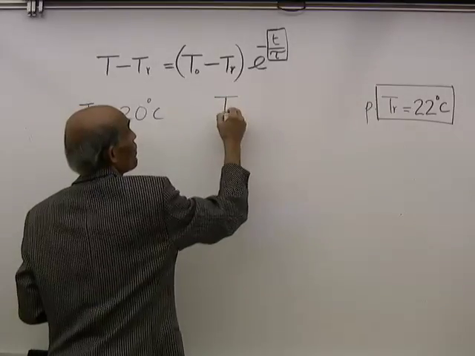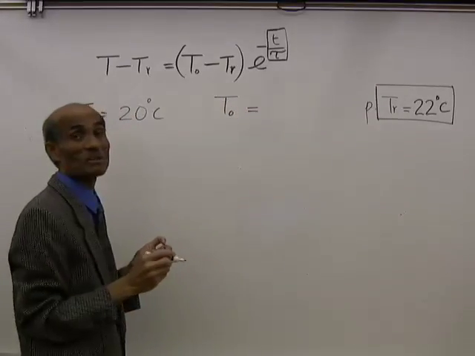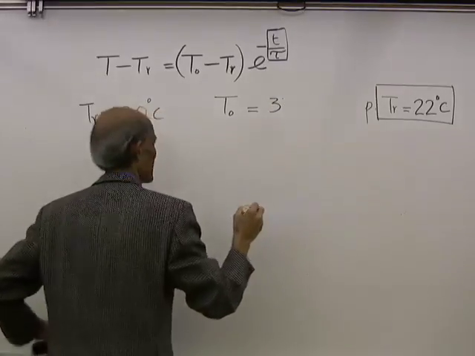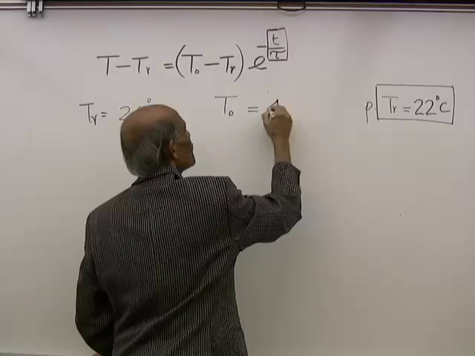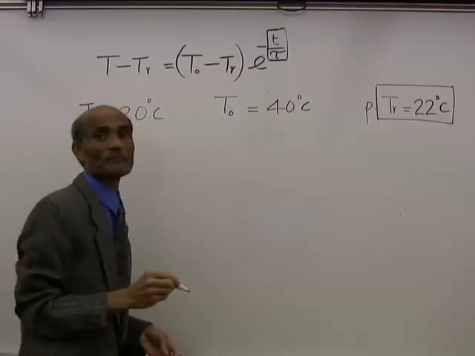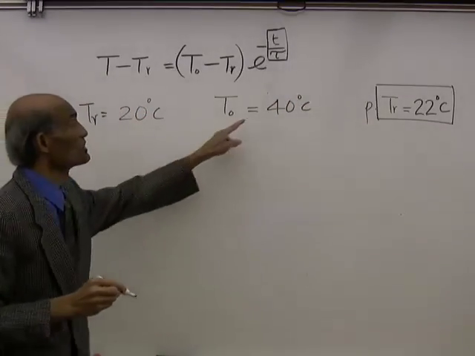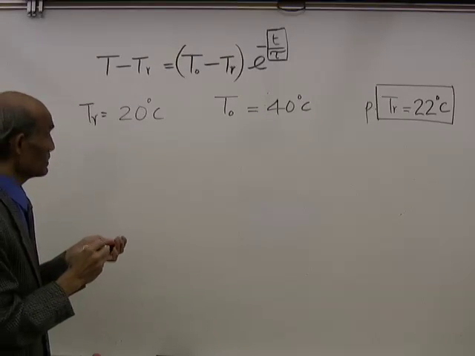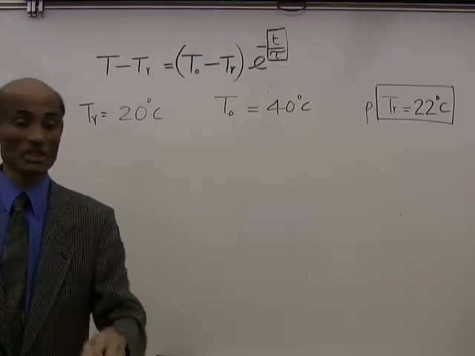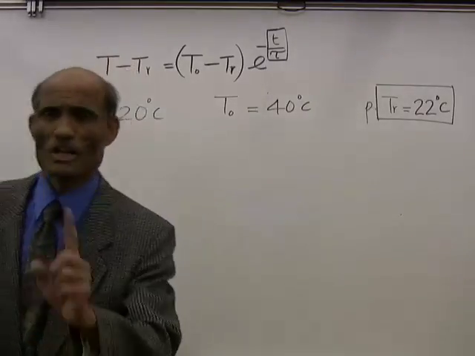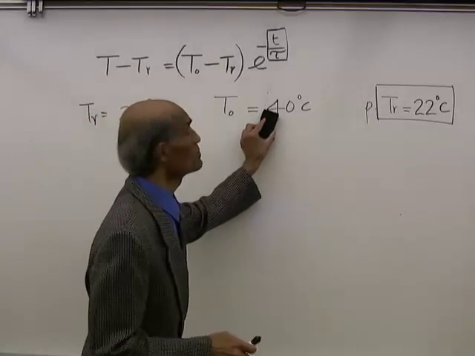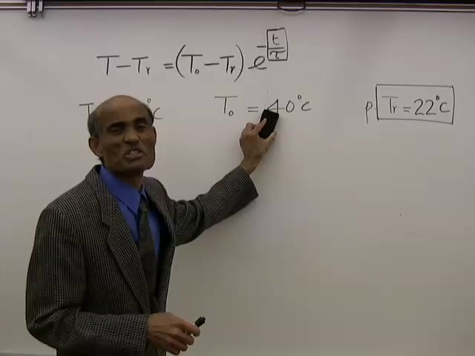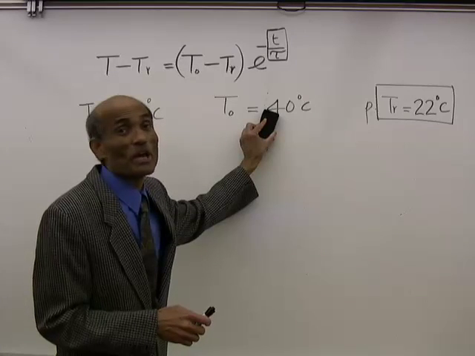And of course, for a human body, the initial temperature will be about 37, well, let's take it 40 degrees Celsius. Well, on second thought, I don't think you should use 40 degrees, because at 40 degrees that man would have been very sick and very feverish, so it may not be a murder.